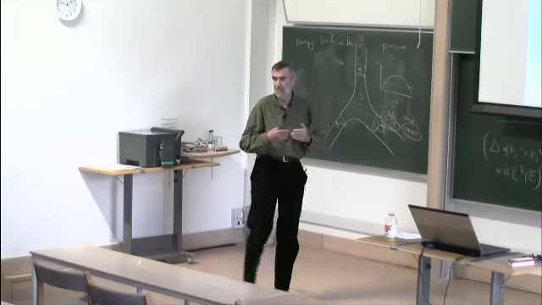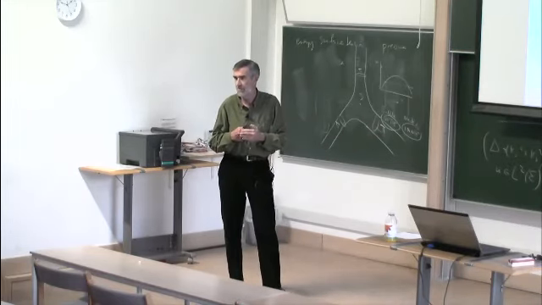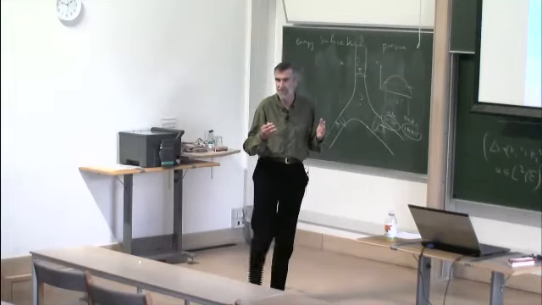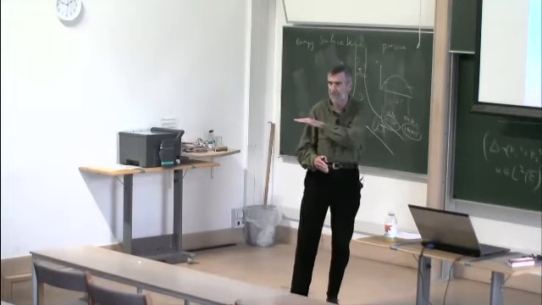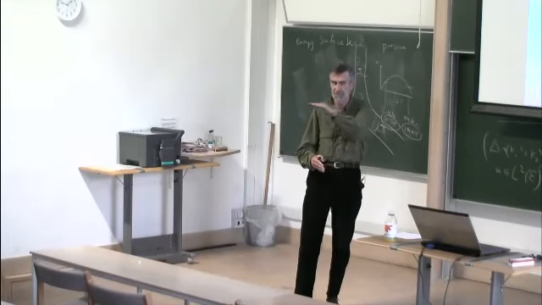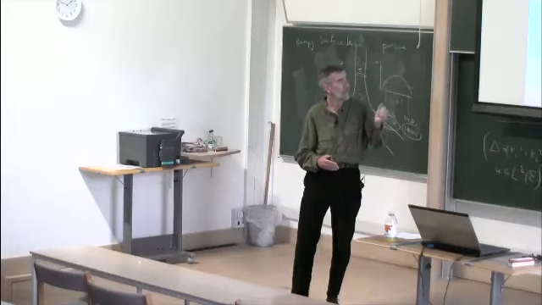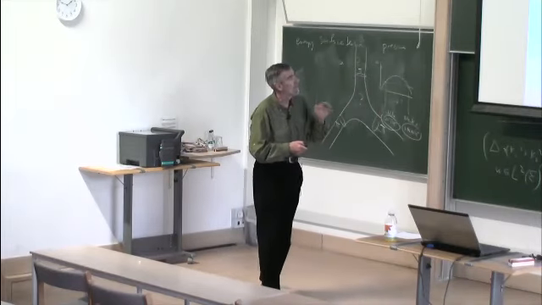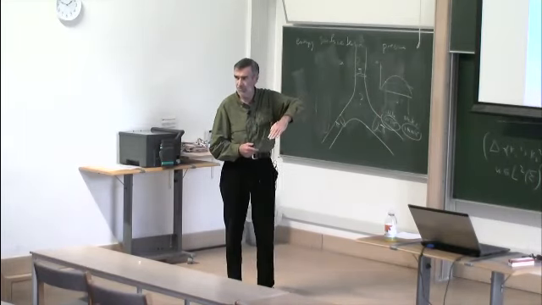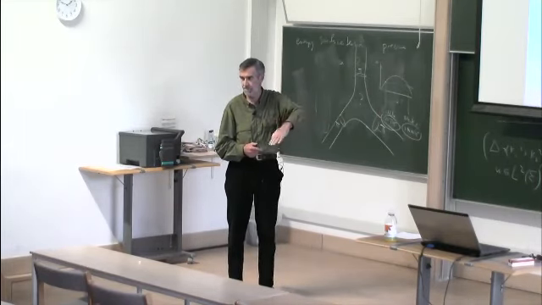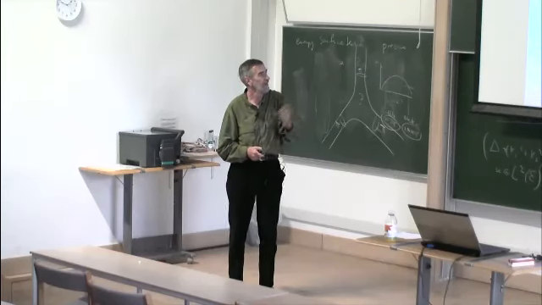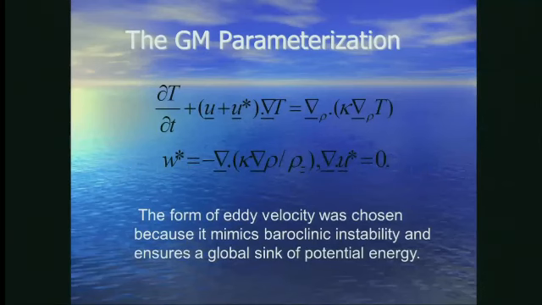So that is a reduction of potential energy. A minimum potential energy situation in the ocean is where all the isopycnals are flat and there's no motion at all. So GM, by advection, tries to reduce the slope of the isopycnals, and that mimics what this instability does.